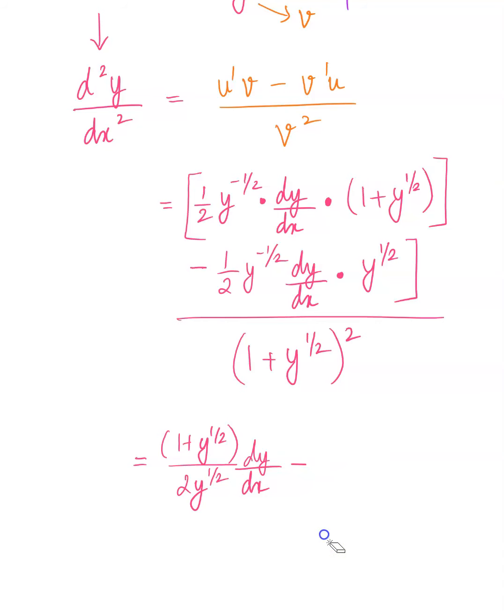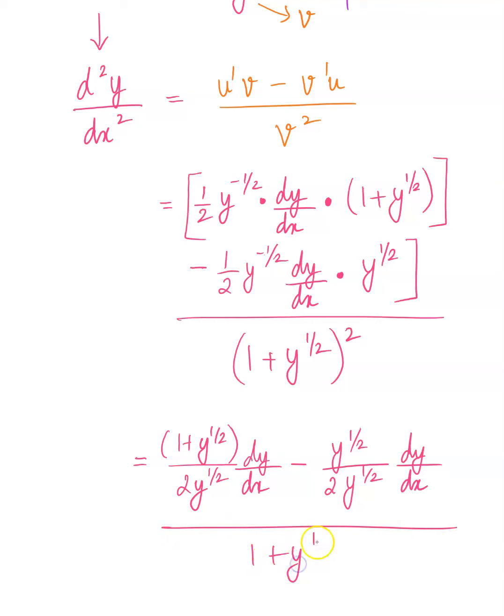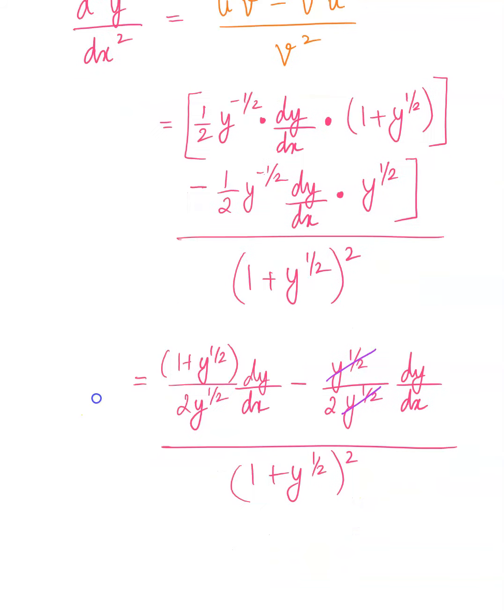This also kind of goes down, so I put the y power half in front, and then this will be 2. Y power negative half goes to the bottom. And it looks a lot more manageable. Whole square. Well, clearly we see that this and this, they're the same, so they cancel off.